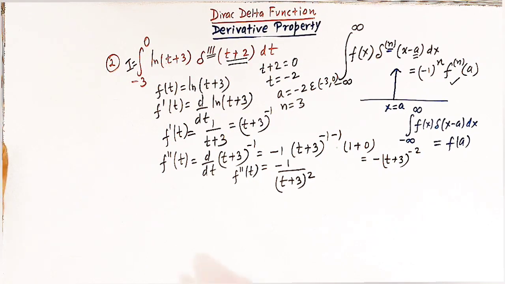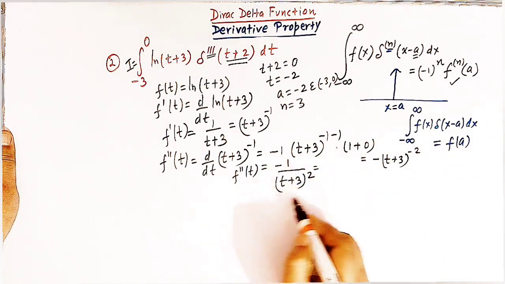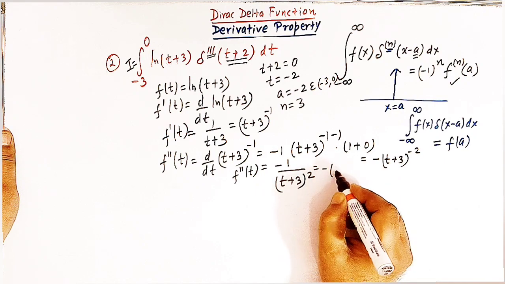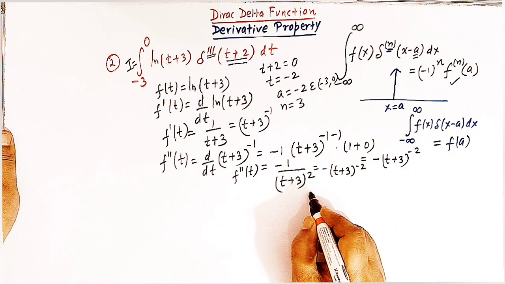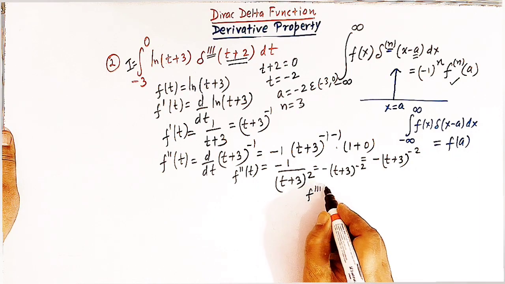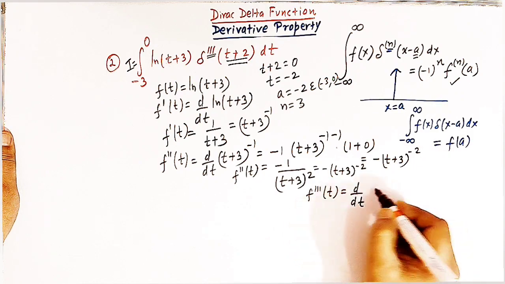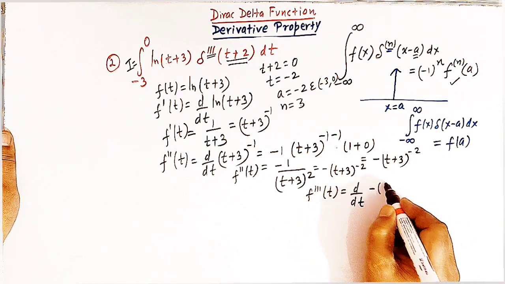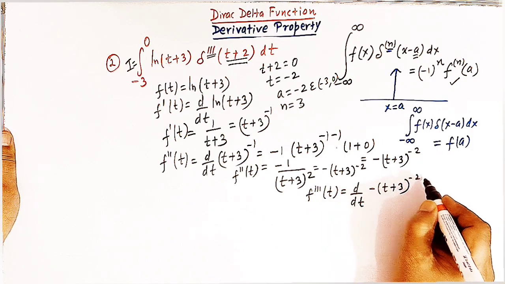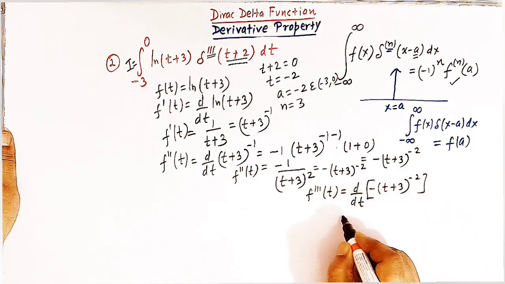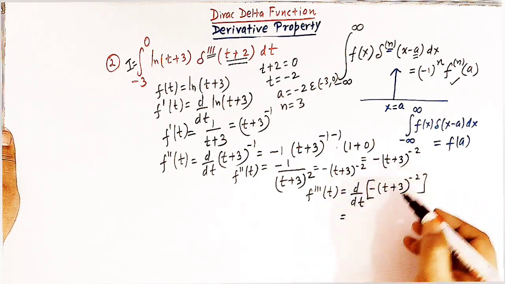So now let us find the third derivative. We can write this expression as minus (t plus 3) raised to minus 2. So the third derivative f triple prime of t is given by d by dt of negative (t plus 3) raised to minus 2, right? So again, applying the chain rule and the power rule.